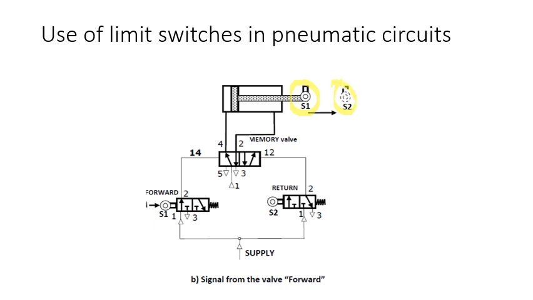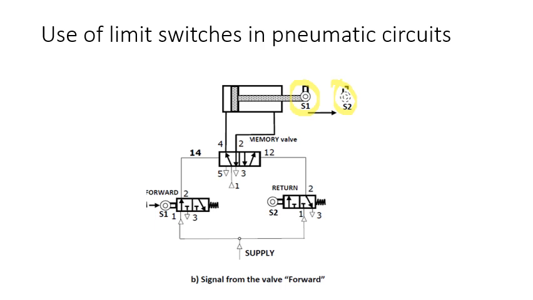So what is the use of this? These S1 and S2 switches will give feedback regarding the position of the cylinder rod. The position of the cylinder rod will be taken as a feedback condition. So if you want to know whether the cylinder is moving in the forward direction, or has reached its position, or is in the initial condition, S1 shows the initial condition signal, and S2 is used for the final condition, whether it has reached the final destination.